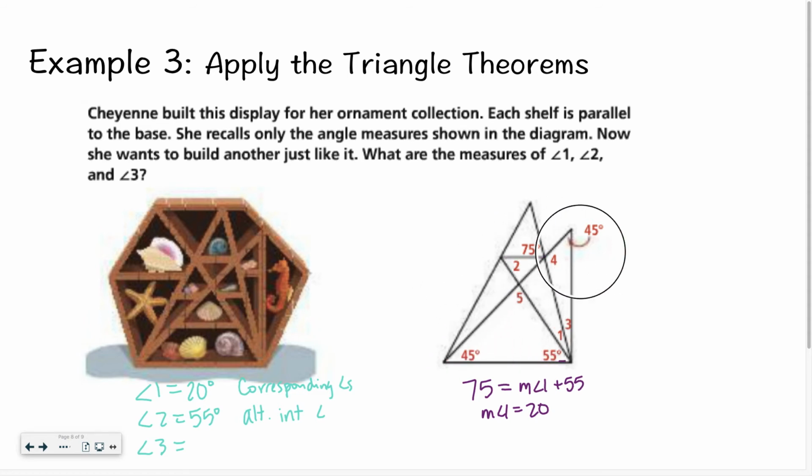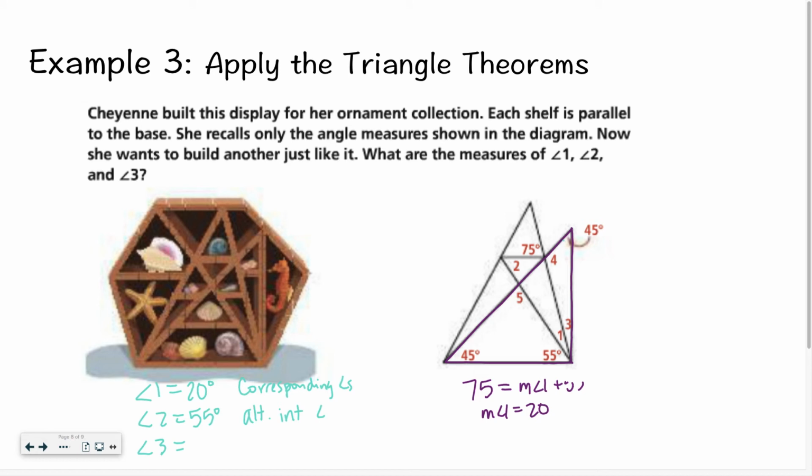Now let's try to solve for angle 3. If I look at angle 3, it's all the way over here on this side, right? That doesn't really touch one of the parallel lines, but if I look, it is part of a larger triangle, so let's use that information.